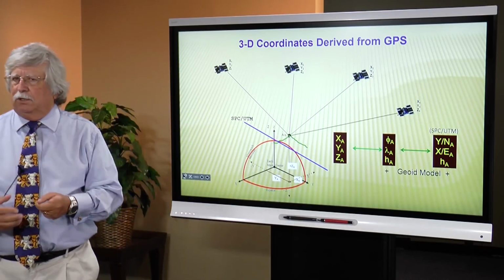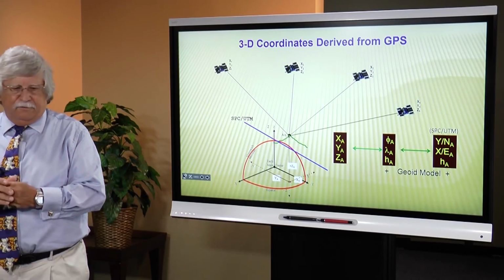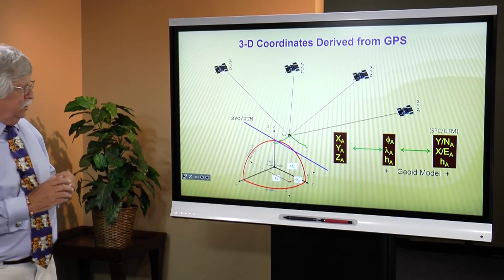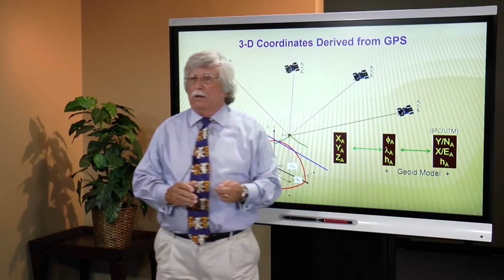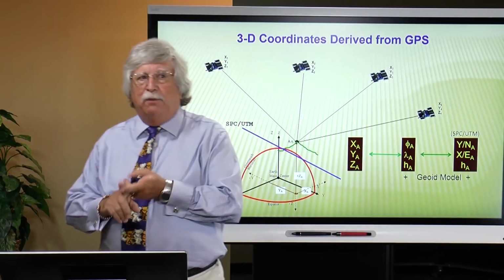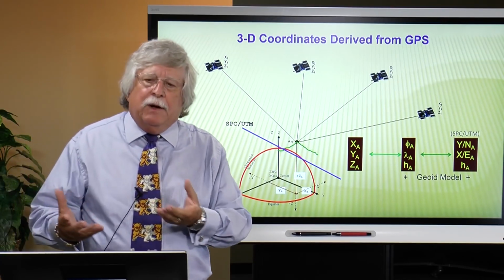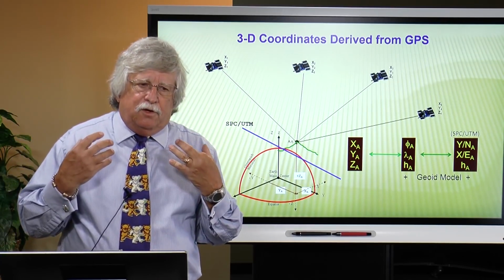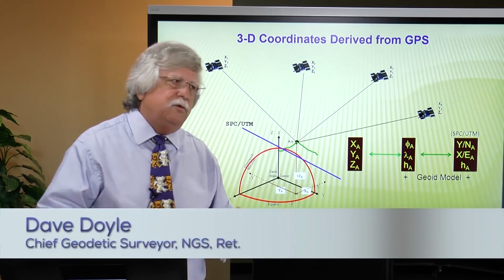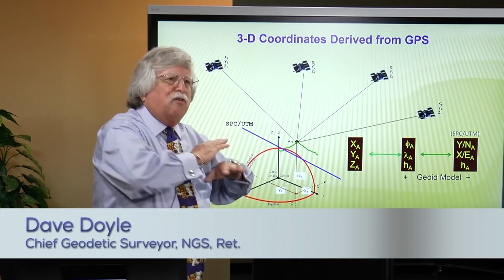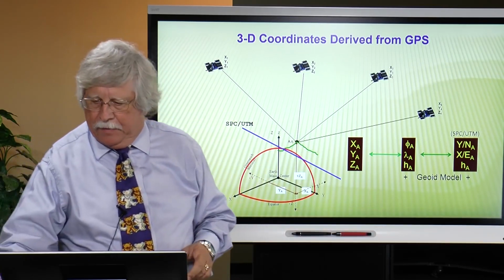Those are the traditional Greek letters that are used in geodesy to define latitude and longitude, and or northing and easting, or X and Y coordinates, often displayed as state plane coordinates or UTM coordinates. And as long as the user is provided with the appropriate algorithms to go between this, there's no loss of integrity in the data.